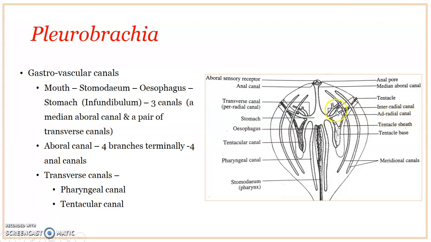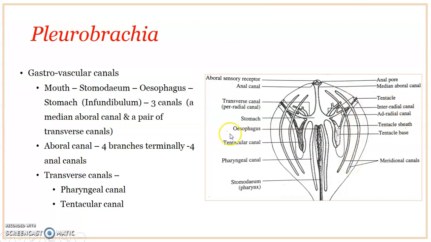Two adradial canals emerge from a single interradial canal, and each adradial canal ends in a meridional canal. I hope it is clear. So we have the transverse canal dividing into two interradial canals, each interradial canal further dividing into two adradial canals, and each adradial canal ending in a meridional canal.